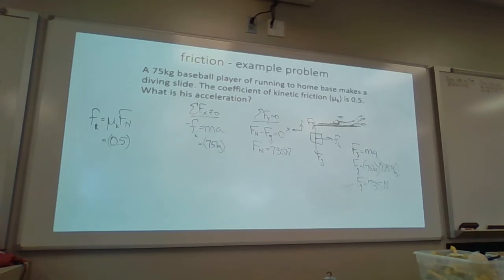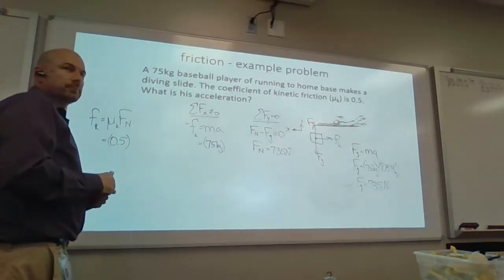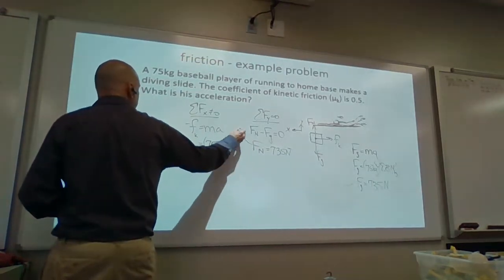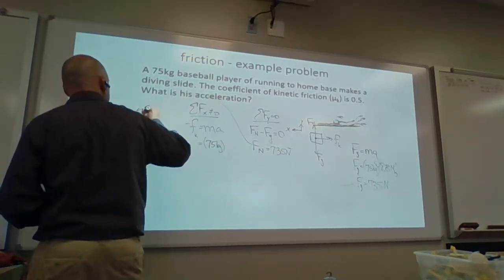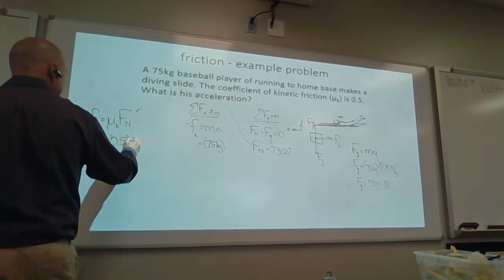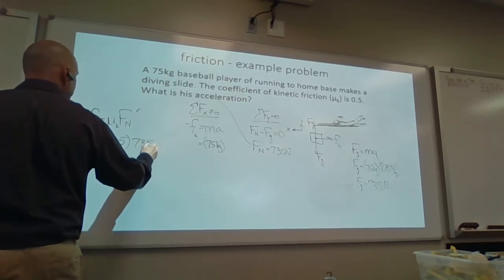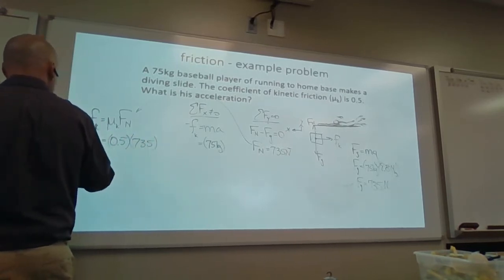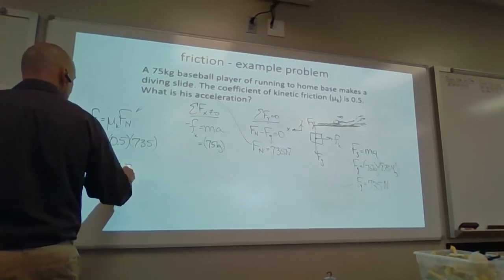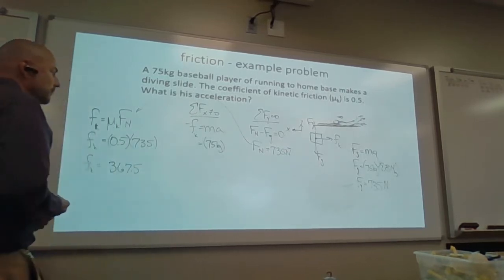What can I do with that? Ben? Use that there. 735. So kinetic friction is equal to 367.5.